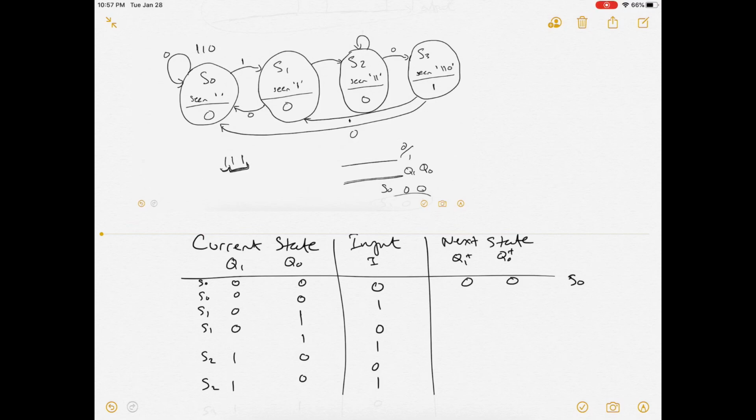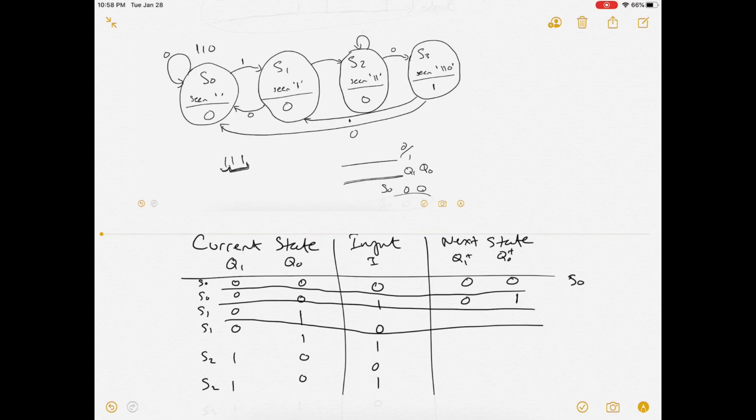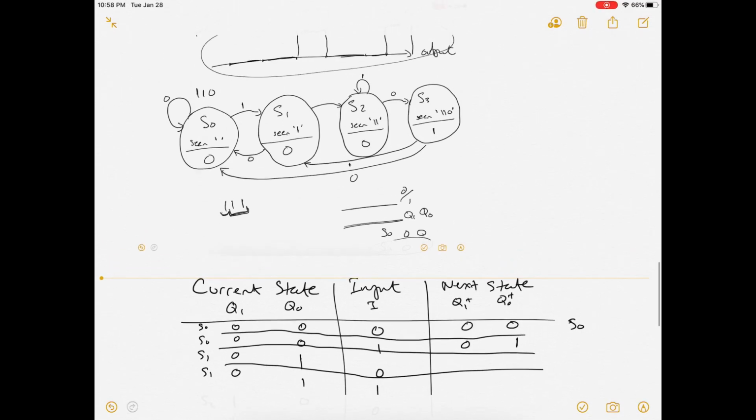If we are in the state 0, 0, which is S0, and we have input of 1, we're going to move to S1, which is 0, 1. If we are inside S1 and our input is 0, we're going to go back to S0.